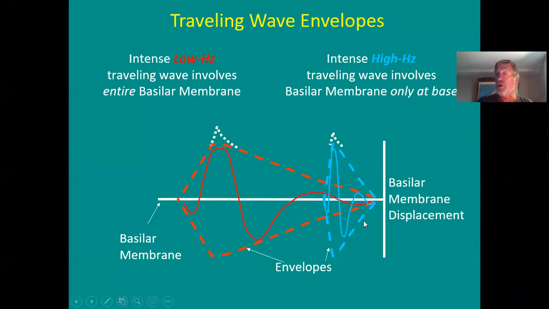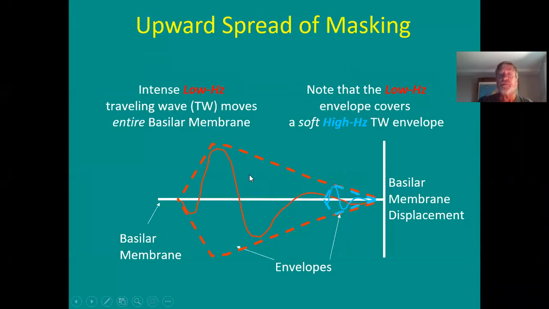Now in the blue, you're looking at a high frequency traveling wave. It too is shaped like a kite. Shallower base, steeper front, and outer hair cells sharpening the peak as well over here. But we said that if you make the low frequency sound loud, and the high frequency sound is rather soft, the rumbling of a truck outside is going to mask the peeping of the soft canary in the kitchen.